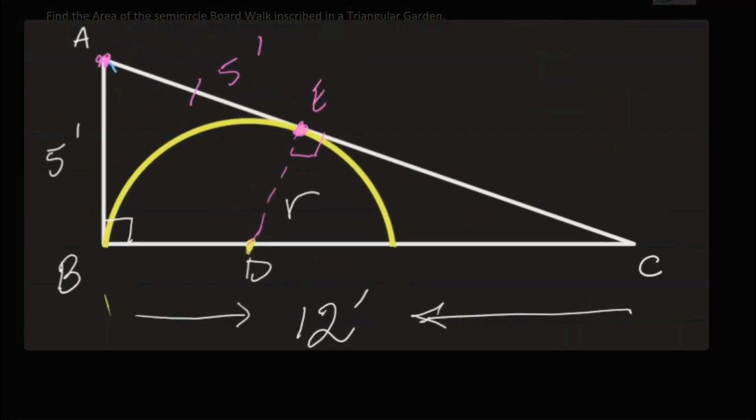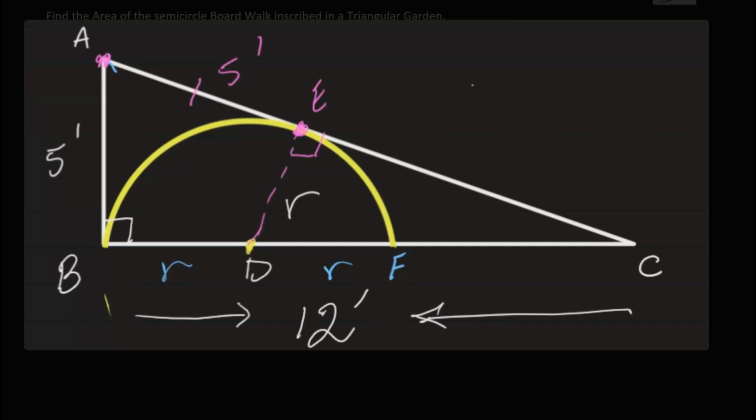Now, BC is 12, so if BD is the radius, which we know it is, and let's call F the end of this semicircle on the other side, then BD is r, BF is r. They're both radii of the semicircle.